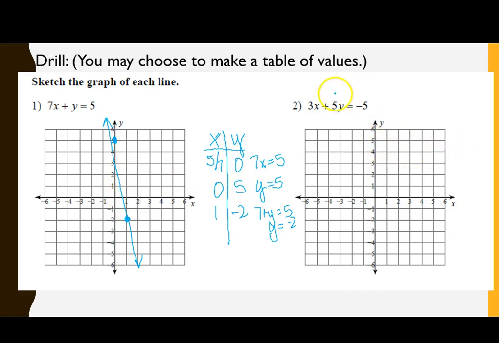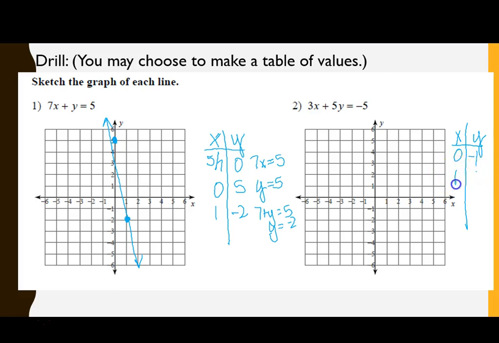Likewise over here, I could choose different values for x and y. So if I let x be 0, well, 3 times 0 is 0, so 5y equals -5, so that means y is -1. So then maybe I let y be 1.